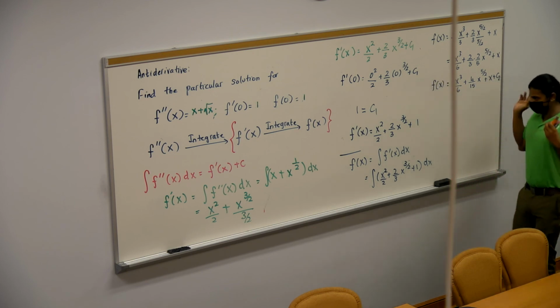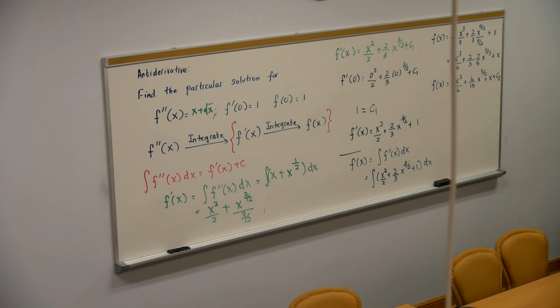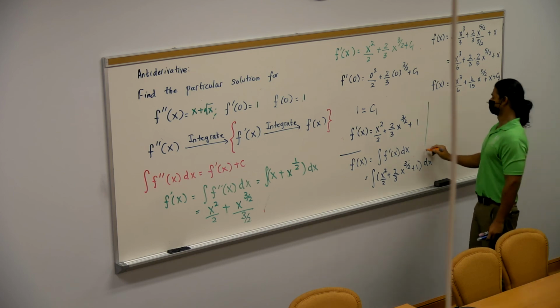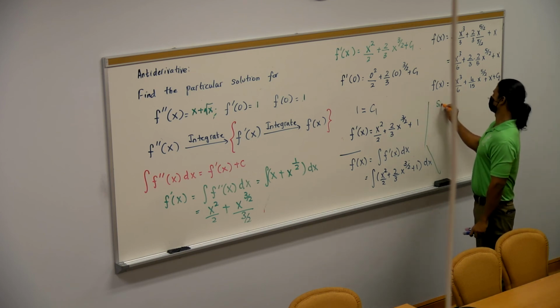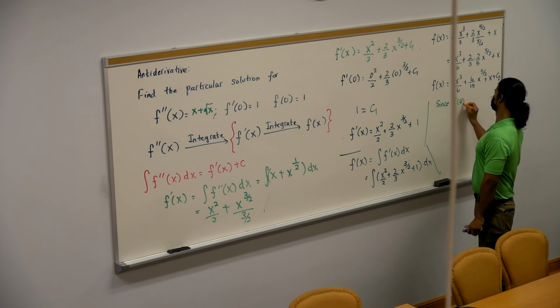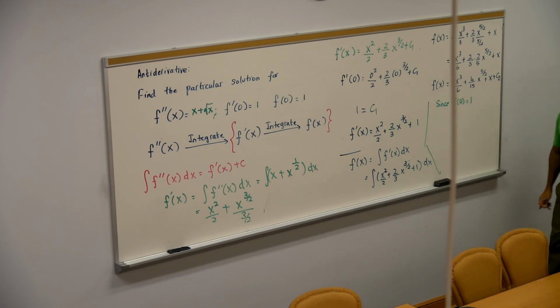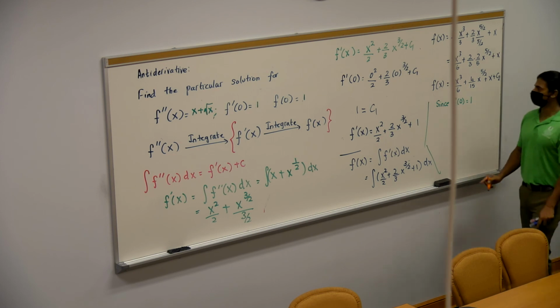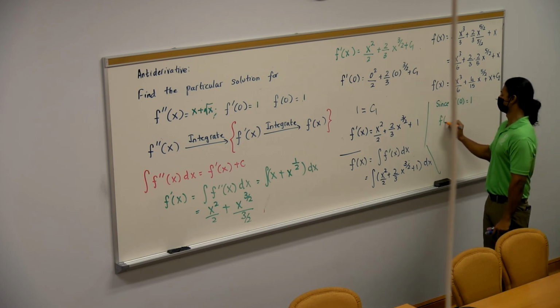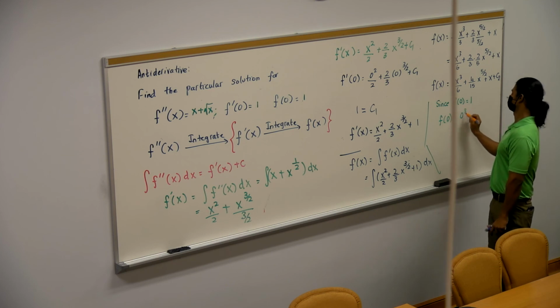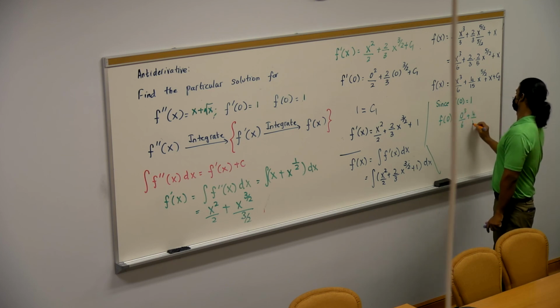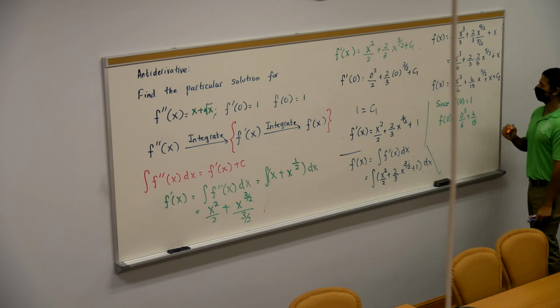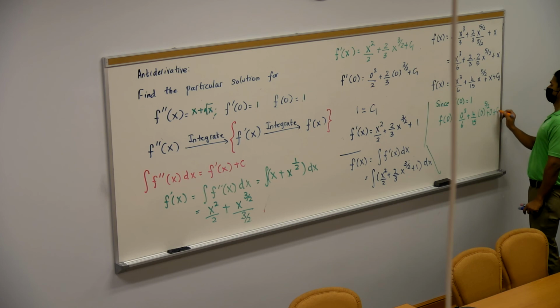And how do we find the value of C2? We use the last condition, which is f of 0 is equal to 1. Since f of 0 is equal to 1, plug in 0. 0 cubed over 6 plus 4 over 15 multiplied by 0 raised to 5 over 2, plus x is 0, plus C2.